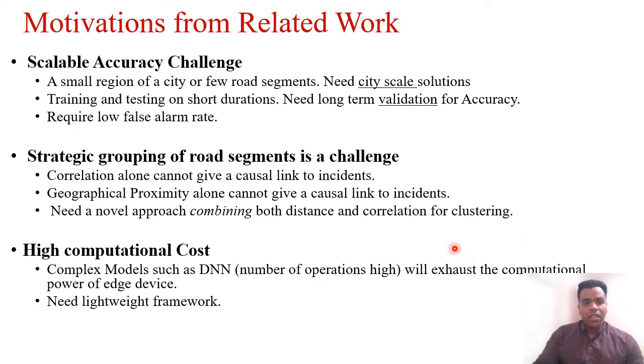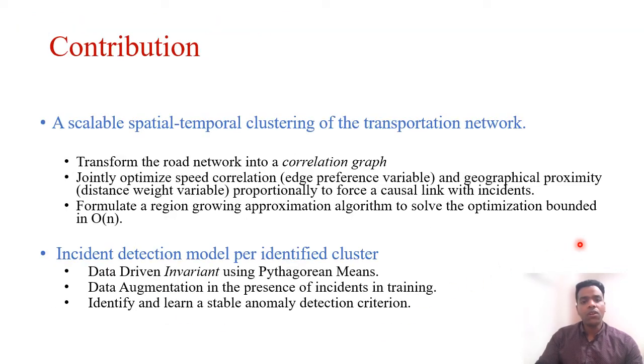Again, these proposed models have high computational cost, and our edge device has low computational capability. This high computational model cannot be deployed to detect incidents. We need a lightweight framework to detect incidents efficiently. So, considering the discussion, we can categorize our contribution into two major parts.